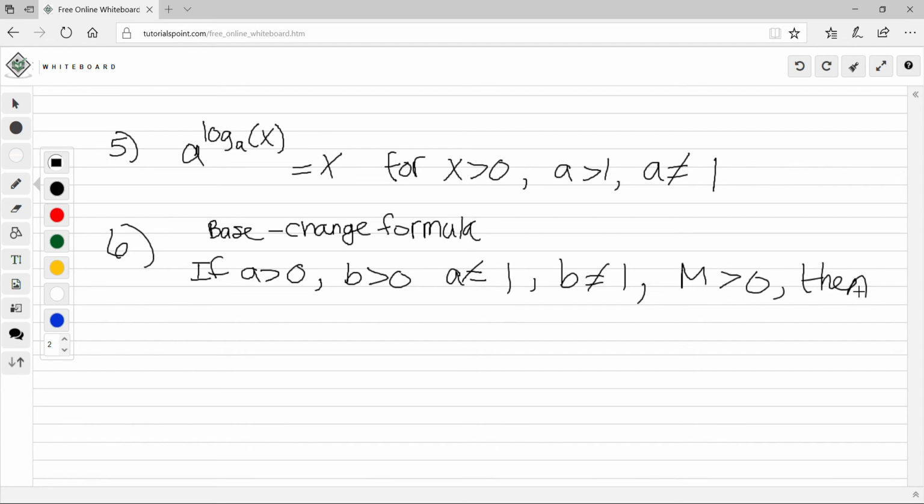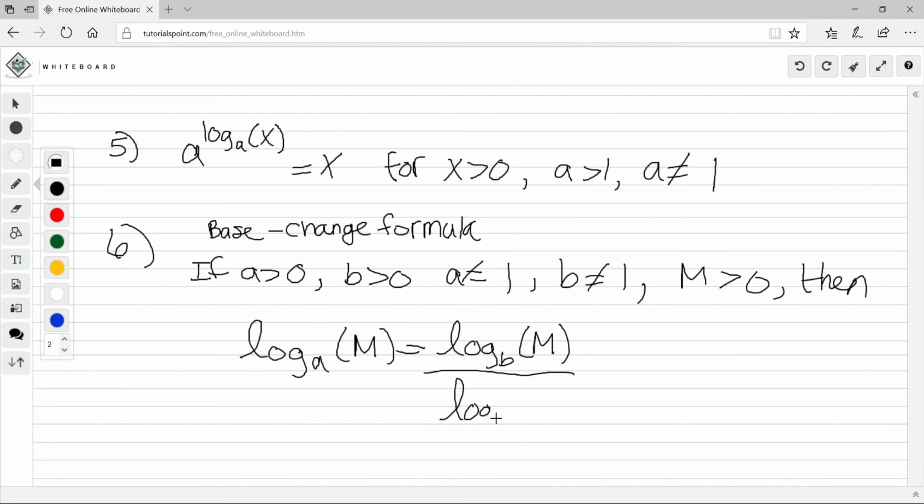So the rule is log a of m, so this is the base change formula, equals log base b of m over log base b of a.